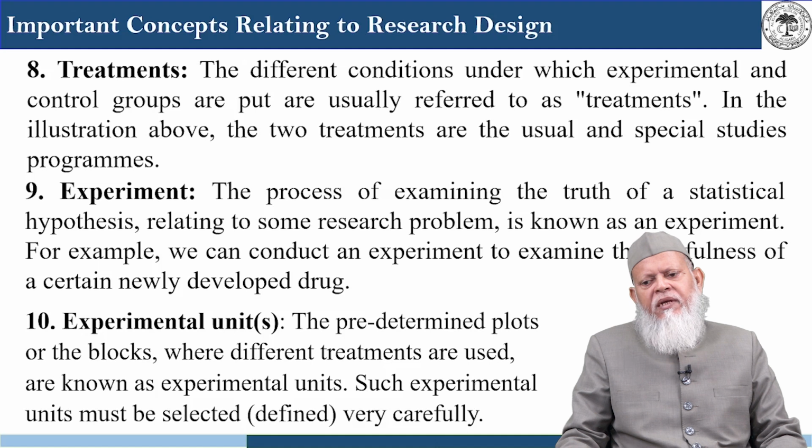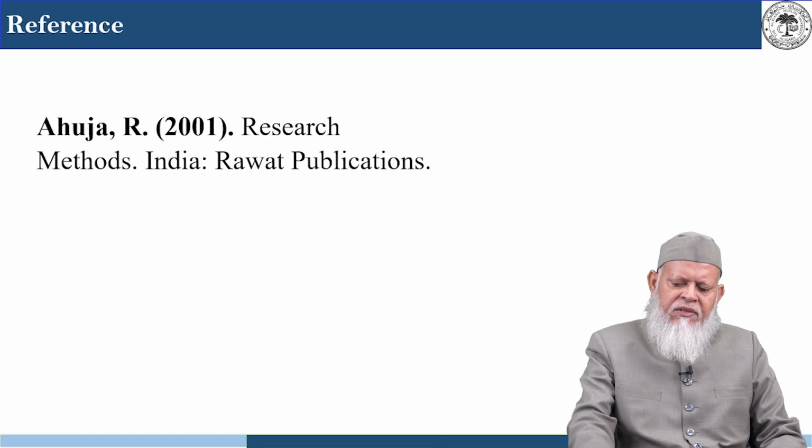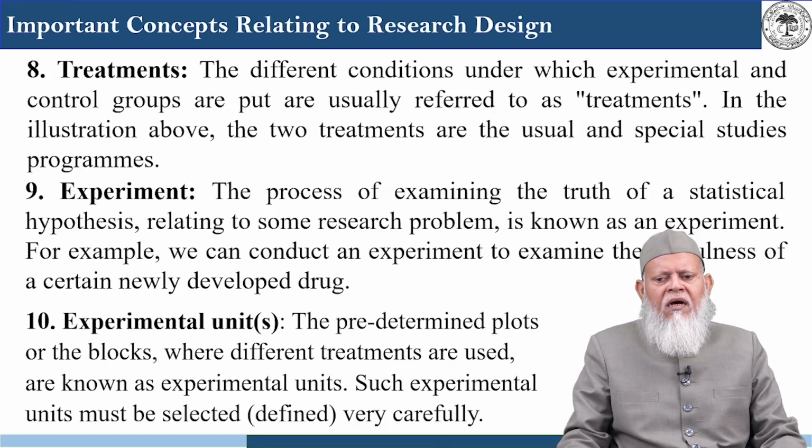Then the experimental units. What are those? The predetermined plots or blocks where different treatments are used are known as experimental units. Such experimental units have to be devised correctly.